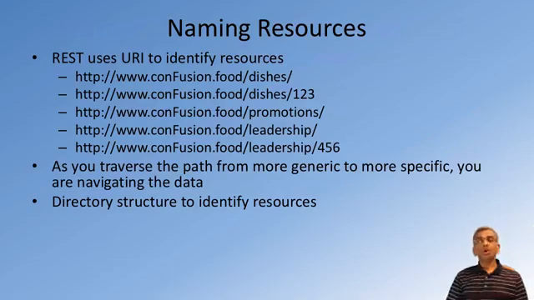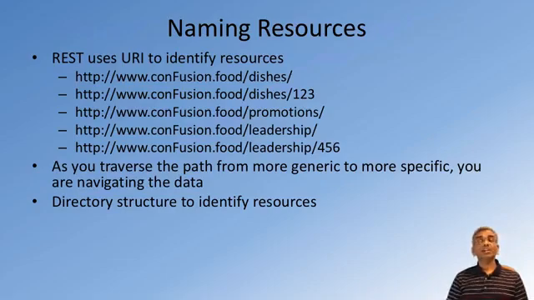An example of how you name resources is illustrated here. So we use URIs to identify resources. A quick reading of the URIs here will easily enable you to understand what we are referring to. For example, something which ends with dishes/ you automatically assume is referring to a collection of dishes.